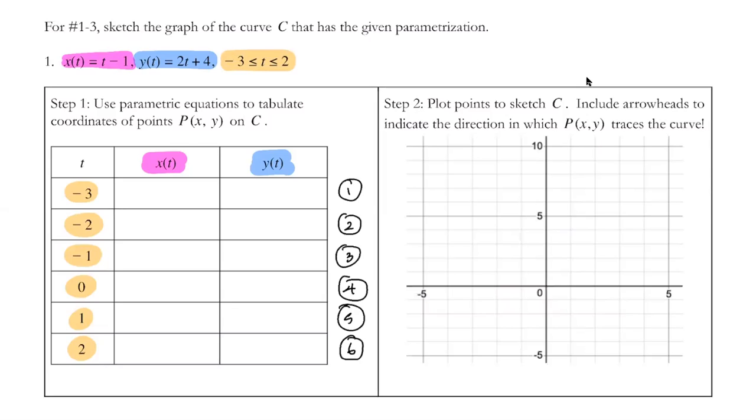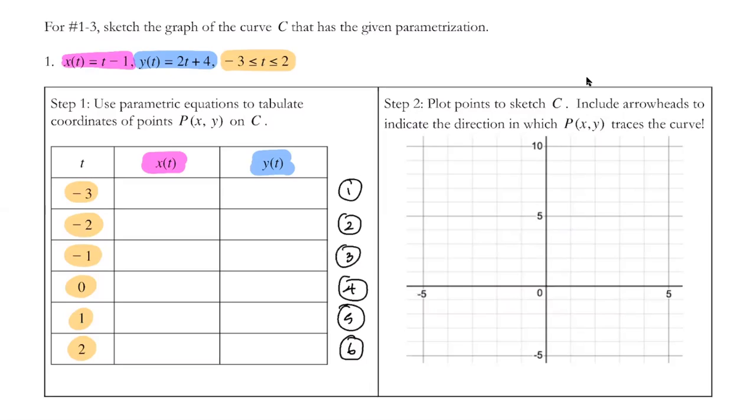Okay? So we're going to plot 6 points, and we need to connect them all together, and we want to go from 1 to 2 to 3 to 4 to 5 to 6. Okay? So let's plug in these numbers.